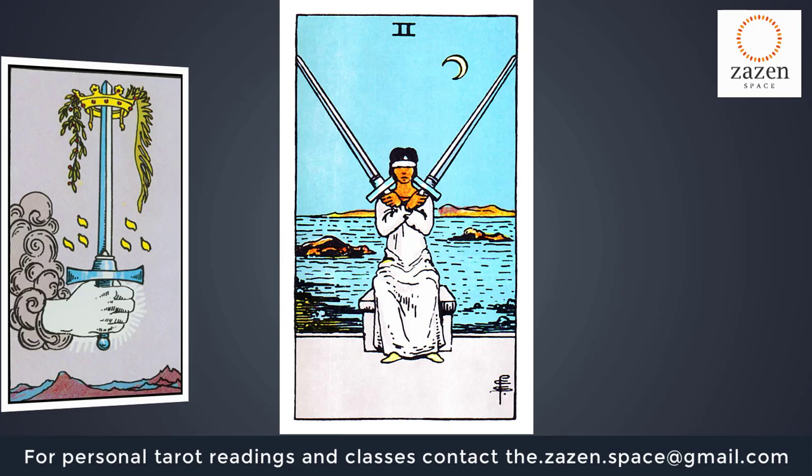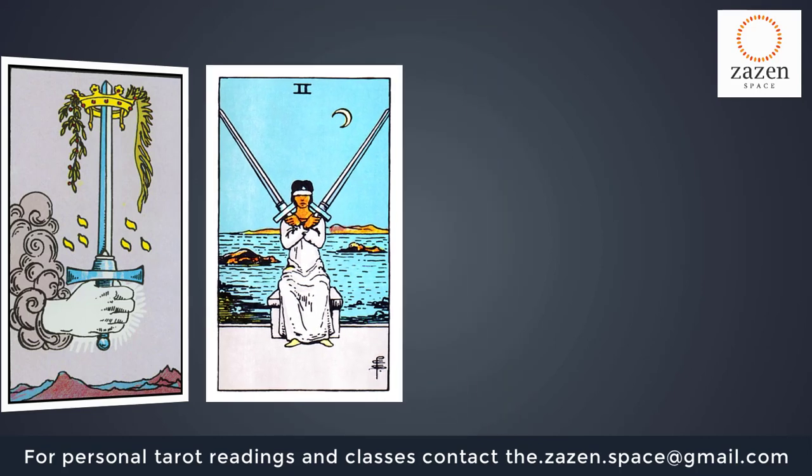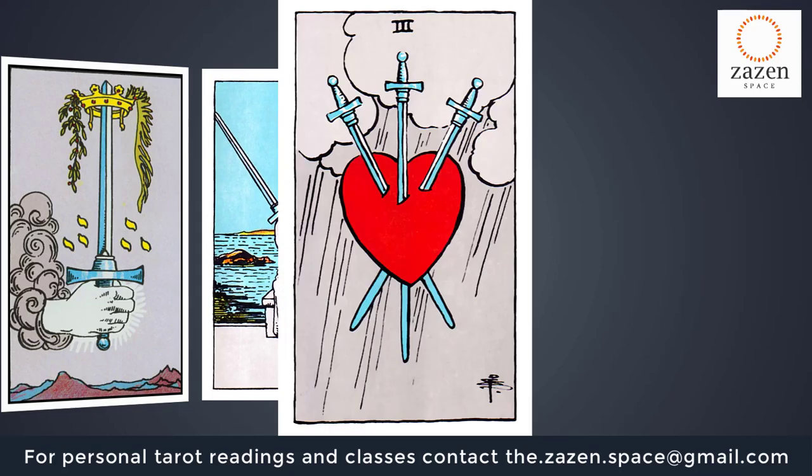This negativity of the sword suit was again coming up in our 3 of Swords, where we saw a heart being pierced by 3 swords, a kind of heartbreak or feeling bad about somebody's communication, words, thoughts, etc.